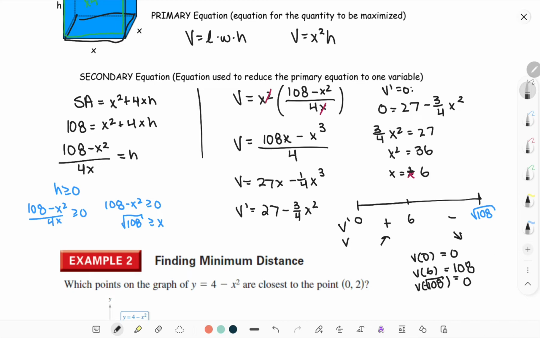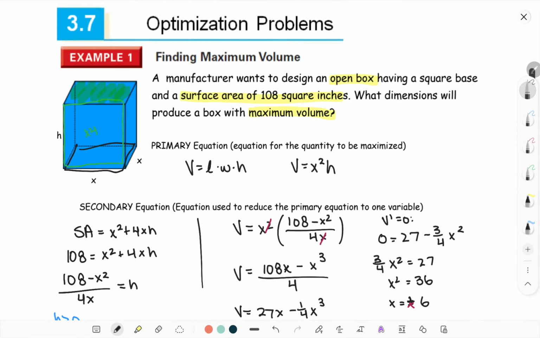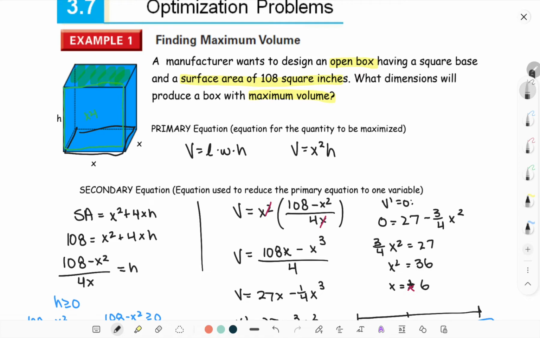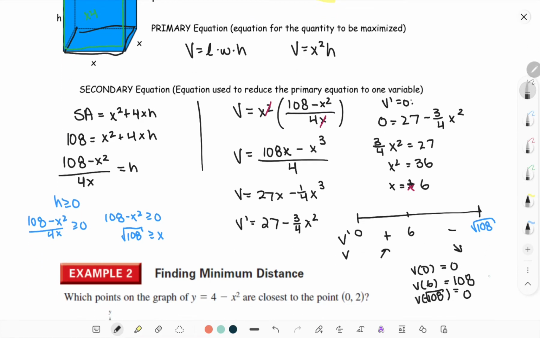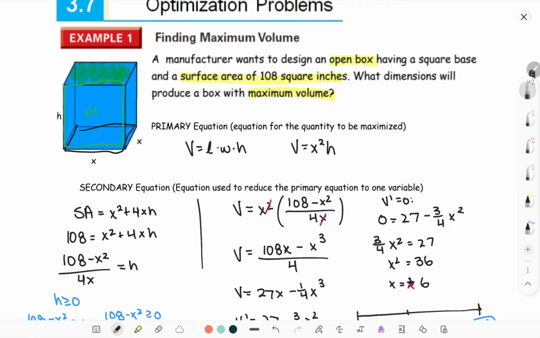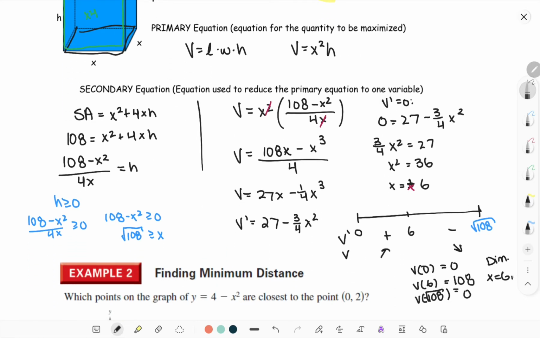And then the question, let's double check. What dimensions will produce a box with maximum volume? Well, this told me x equals 6, and our units are inches. I should also find h. So I'm going to quickly go to my surface area formula or my volume formula and solve for my last unknown.